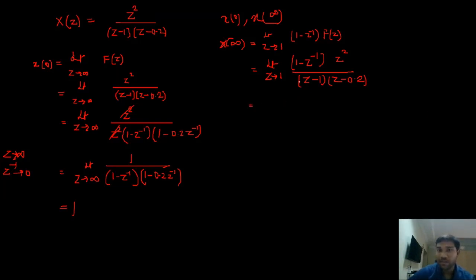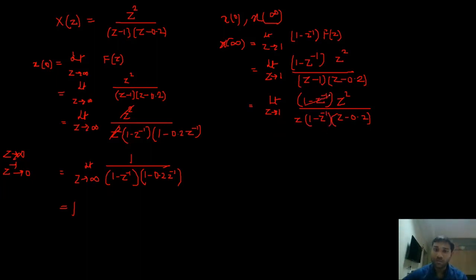Now if I take z common from the denominator, what will happen? In the numerator I have 1 minus z inverse and z square. In the denominator I have z minus 0.2, as it is I am leaving. Now z minus 1 I am writing as z into 1 minus z inverse, right?